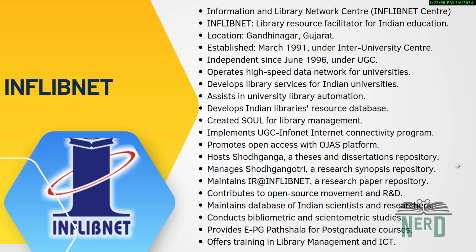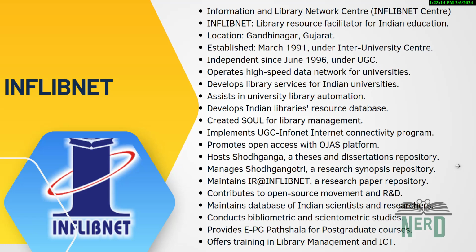Now let's talk about their open access initiatives, which are all about making research and academic work freely available to anyone with internet access, right? We have OJAS, and this is a platform where university faculty and researchers can publish journals, making it easier for knowledge to spread, right?